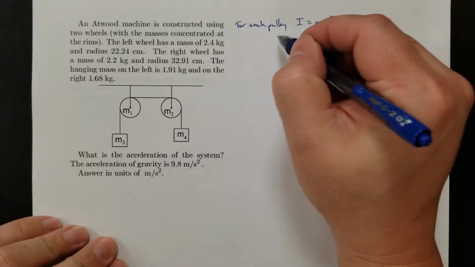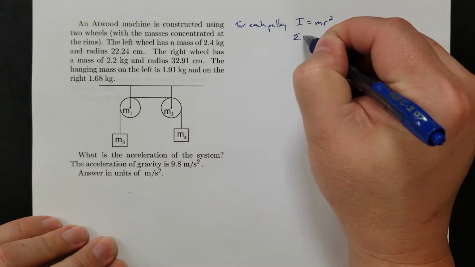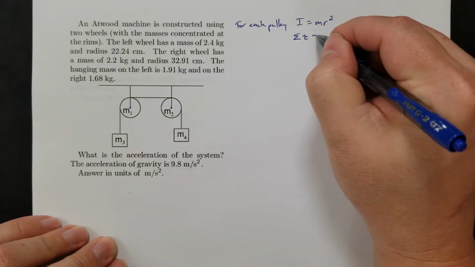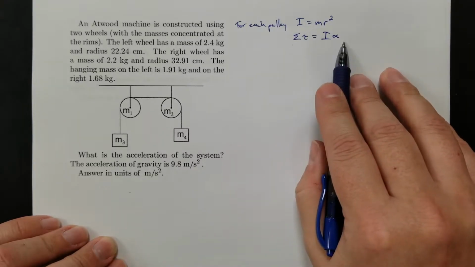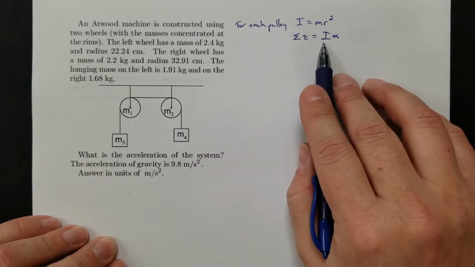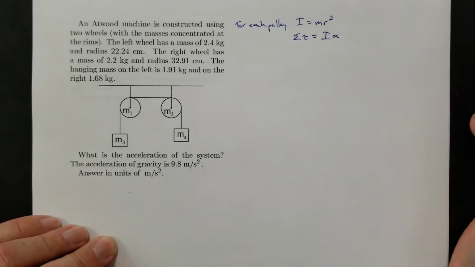So I can say the net torque is going to be I times alpha. Force is mass times acceleration. Torque is moment of inertia times angular acceleration. Same concept.